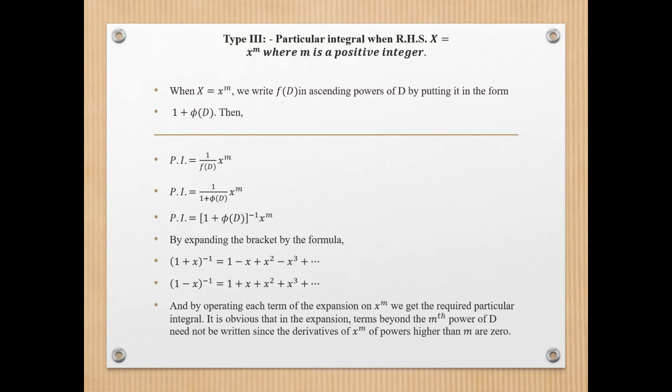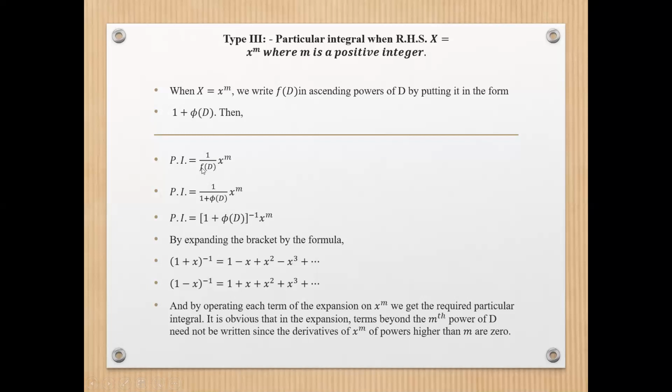When X is equal to x raised to m, we write f of D in ascending powers of D, by putting it in the form 1 plus phi of D. As you know, the particular integral by definition is P.I. equal to 1 upon f of D into X. We have to write f of D, which is in the denominator, in the form of 1 upon 1 plus phi of D.